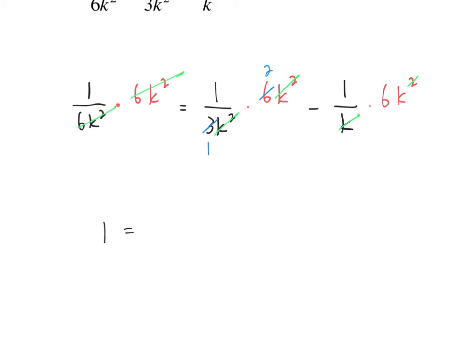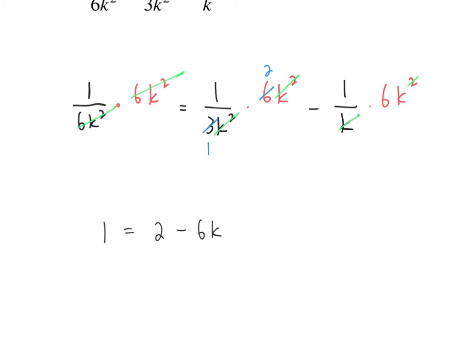Next, the only thing left in the next one is a 1 times 2, it's 2. And then minus, carry over that minus. And then the only thing left is a 1, a 6, and a k. So 1 times 6 times k is 6k.